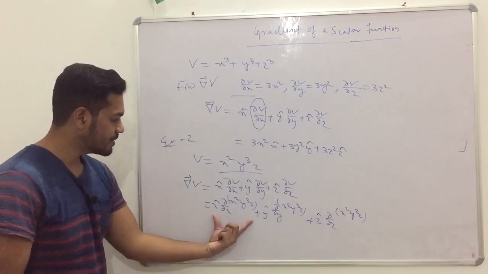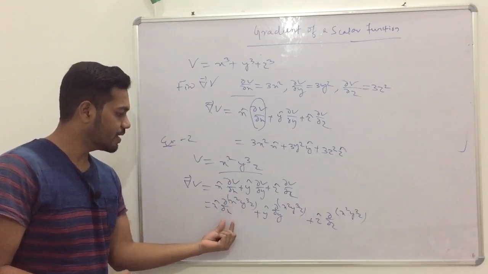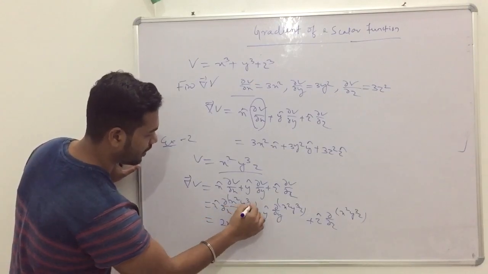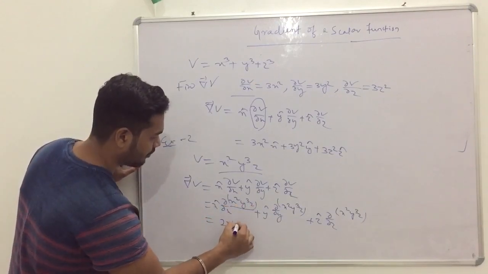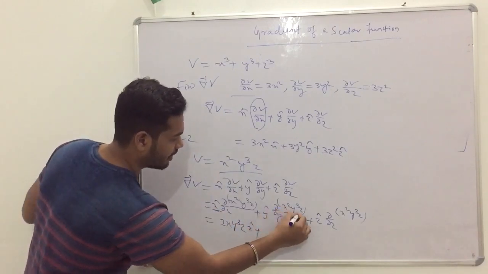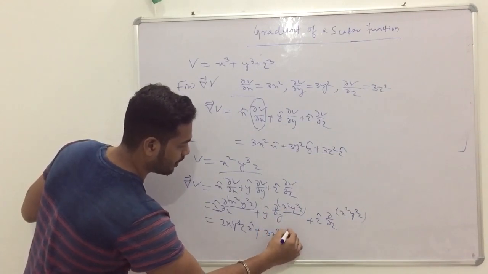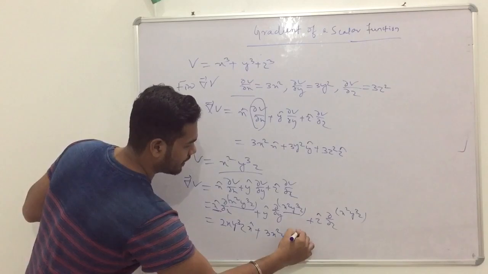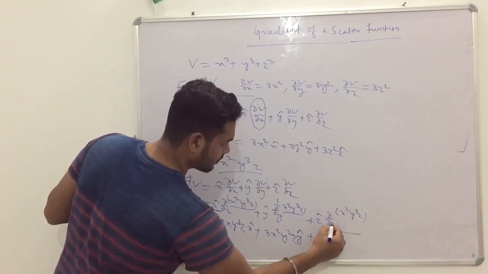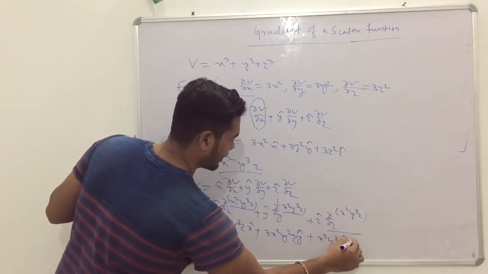So from this you can see the partial derivative of the function V with respect to x is 2x, with y and z constant for this, so 2x y cube z x cap, plus from here you will get 3x square y square z y cap, and from here you will get x square y cube z cap.